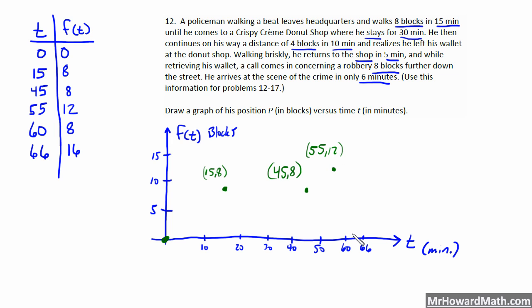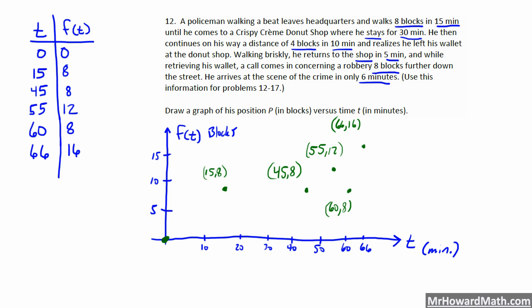Making this table makes this a lot easier to set it up. And then 60 back down to 8. So right there, 60, 8. And then lastly we have 66, 16. So right up here, 66, 16.